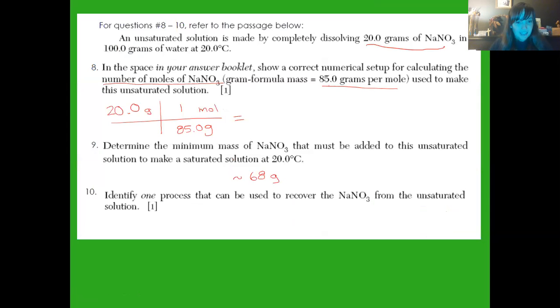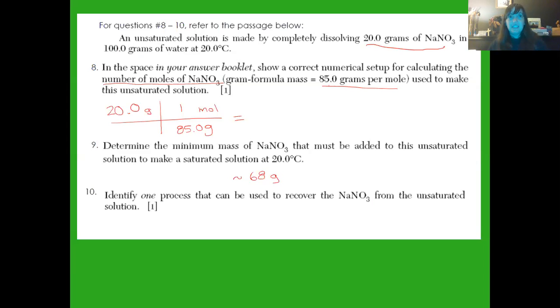Number 10 says, identify one process that can be used to recover the sodium nitrate from the unsaturated solution. This is a review question that goes actually way back to the first unit of the year when we were studying ways to separate mixtures. They're saying, what's one way you can get the NaNO3 back out of the water? That's a mixture separation question.